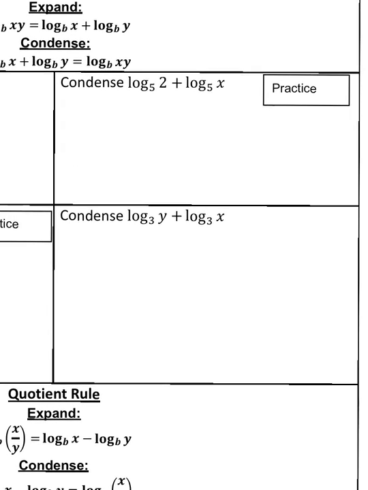Okay, let's try a condensing one. So let's look at the bottom corner here. Condensing means that I want to make it smaller. So right now, it is in this form. I guess I'll use the general rule.